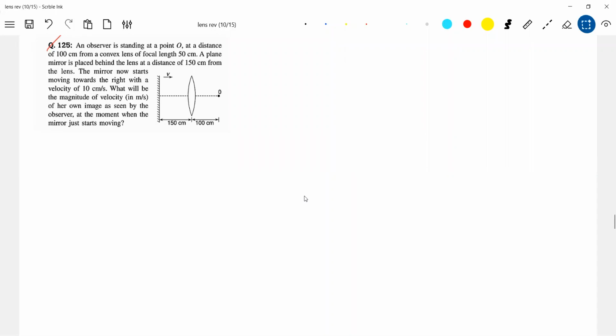The mirror is moving. There is a person standing at O, the object, and he is going to see his image. What will be the magnitude of velocity of his own image as seen by the observer at the moment when the mirror just starts moving?